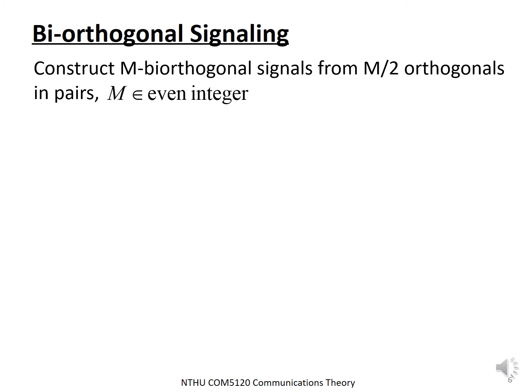The motivation for bi-orthogonal signaling is to construct M different signals, representing k bits, from half of the orthogonal bases in pairs. Suppose M is an even integer.